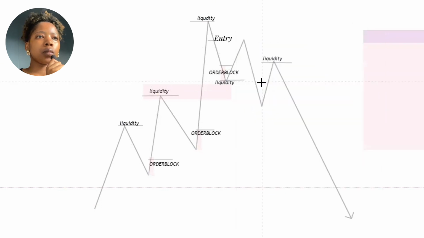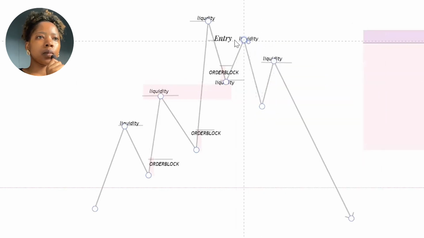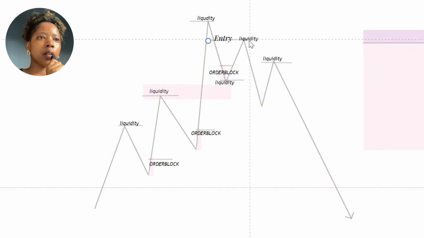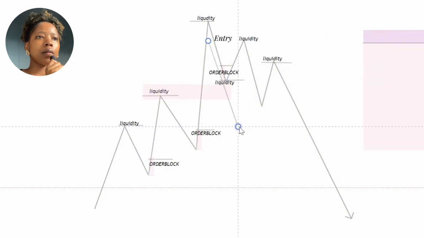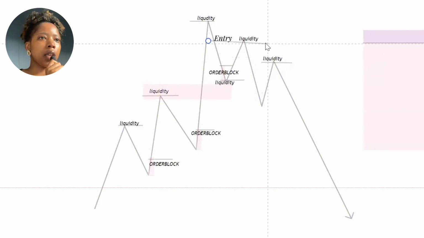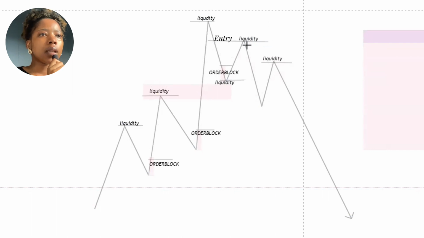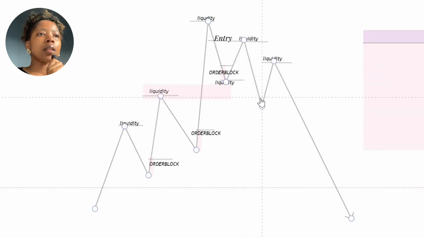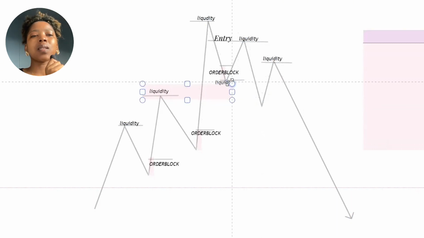So when they left, okay, why did that happen now? So when they left that high, then they did what? They want to come back up because the liquidity has been cancelled. So that means that they are done.